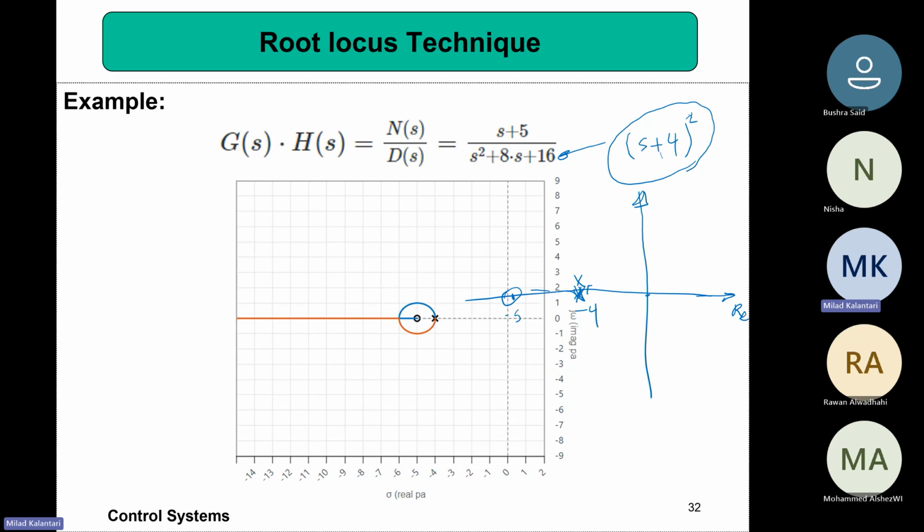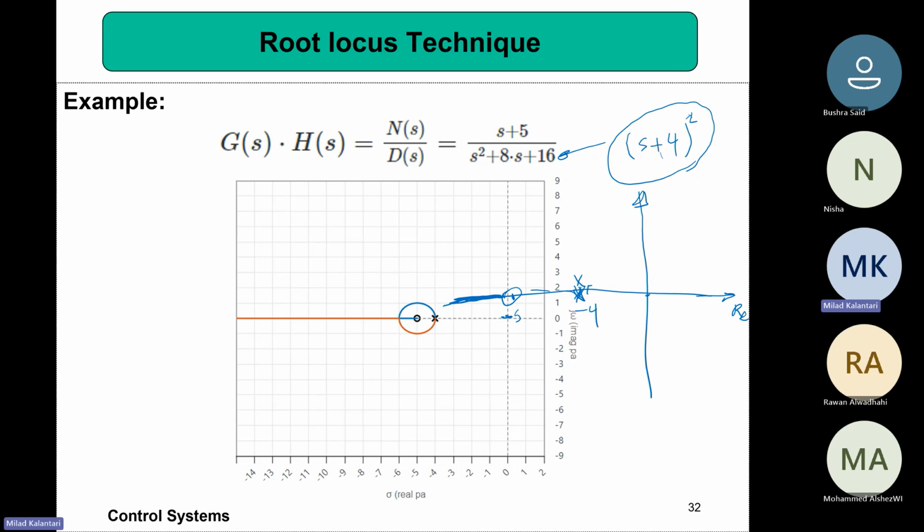How about larger than -4, between -4 and 0? Cannot, right? And how about less than -5? Can, right? It is 3 poles and zeros, right? So here can.